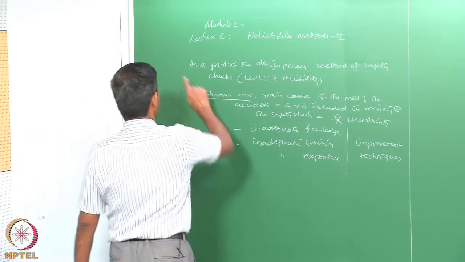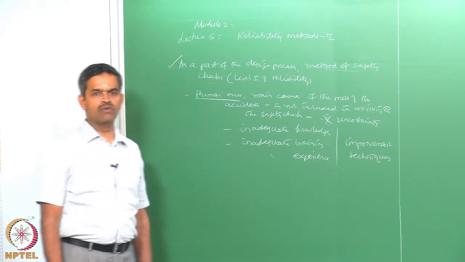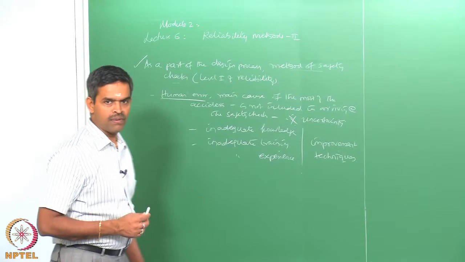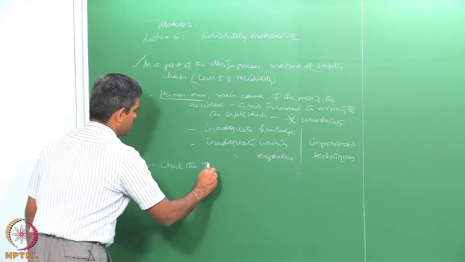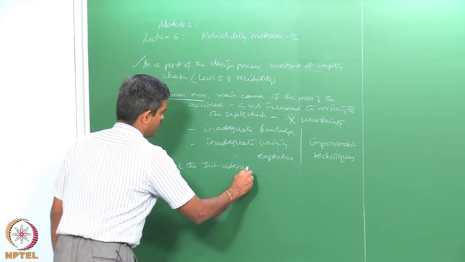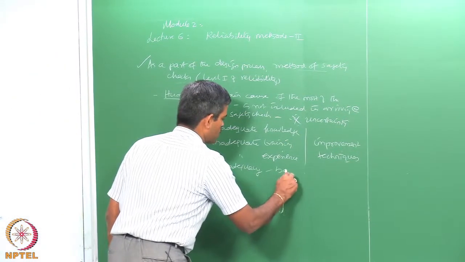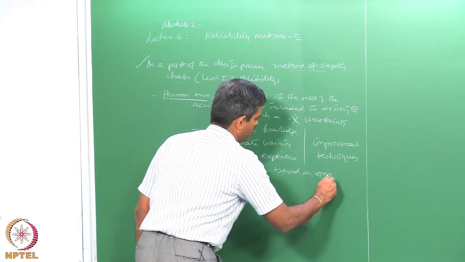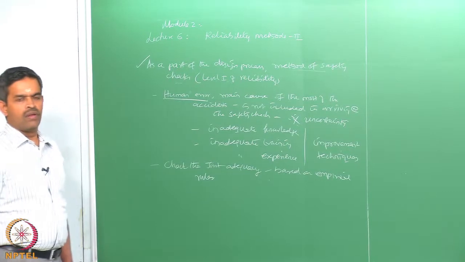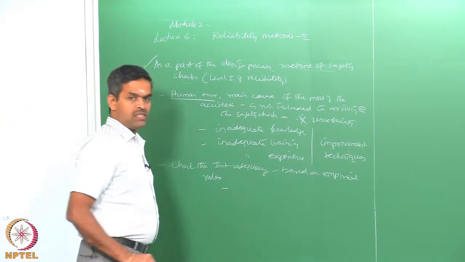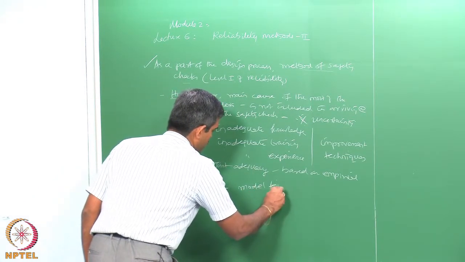Now, let us come back to this first statement. We said that method of safety or checking of safety may also introduce uncertainty. We can take a very classical example. Let us say we check the joint adequacy, what we call joint adequacy checks, based on empirical rules. Of course, one can argue that these empirical relationships are based or derived from model tests, no doubt on that.